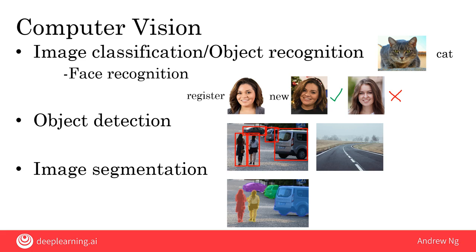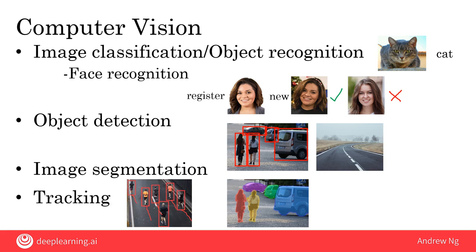Computer vision can also deal with video, and one application of that is tracking. In this example, rather than just detecting the runners in this video, it is also tracking in a video where the runners are moving over time. So those little tails below the red boxes show how the algorithm is tracking different people running across several seconds in a video.